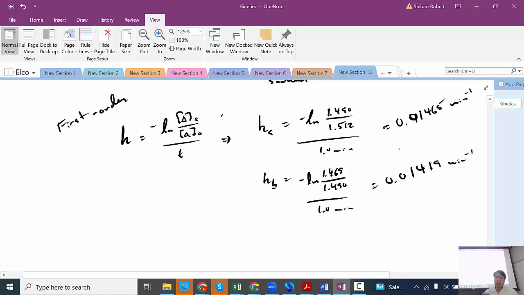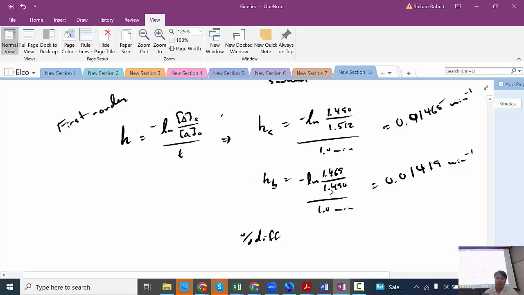It's hard to gauge. I mean, 1465 versus 1419 seems pretty close, but let's take a look at the percent difference. I'll take the biggest, 1465, minus the smallest, 1419, divided by 1419.